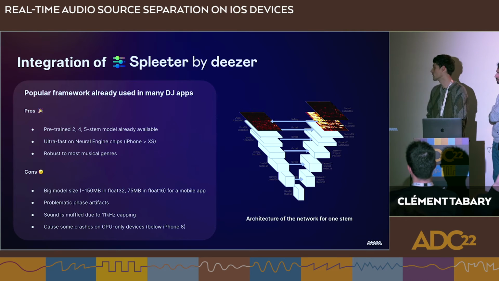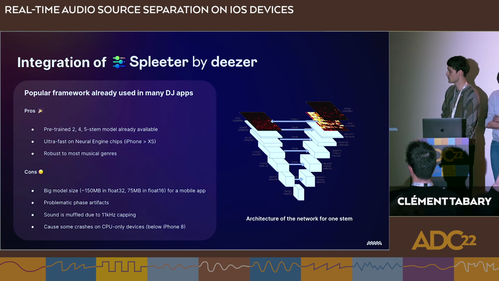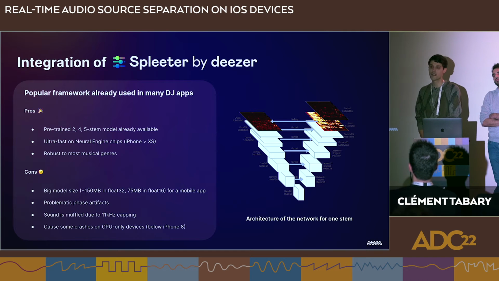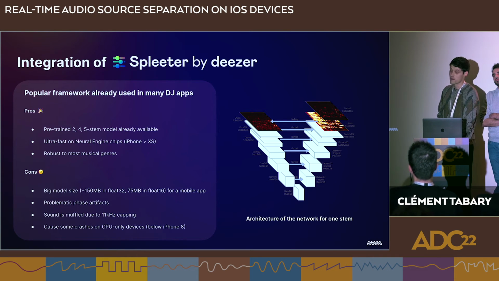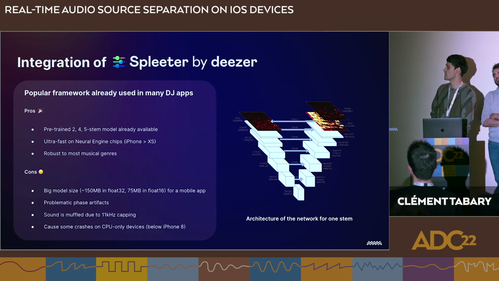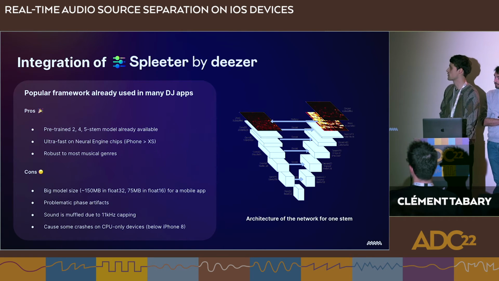However, we have some drawbacks for this model. It's quite heavy. If you want to develop a mobile app, you have to embed 75 megabytes in it, which is something to bear in mind, as well as some source separation quality issues. You may have tried it before. It has some phase artifacts and muffled sound, especially for drums.